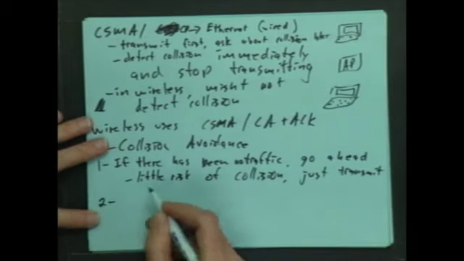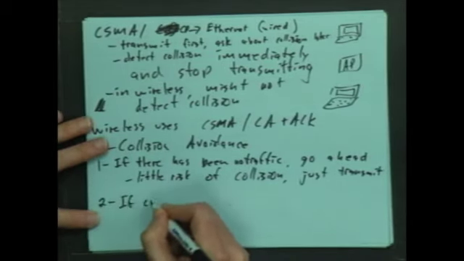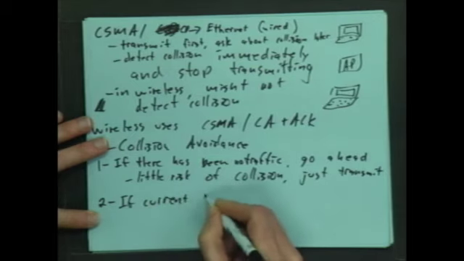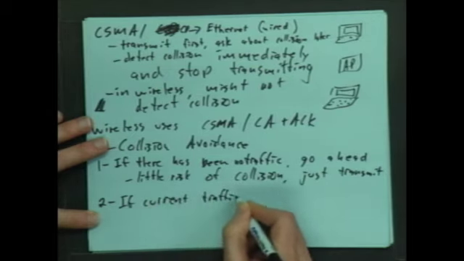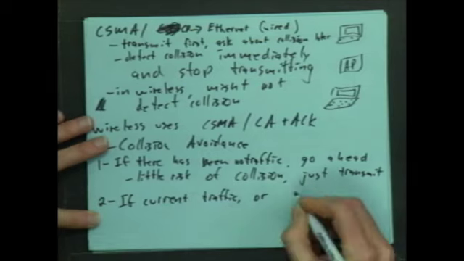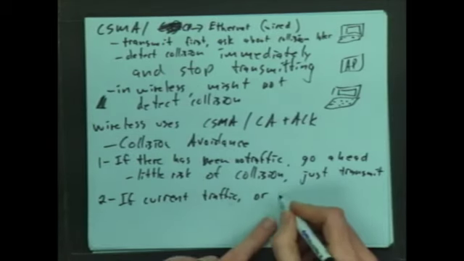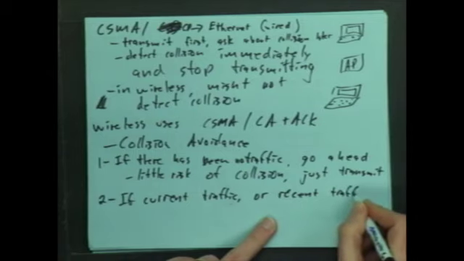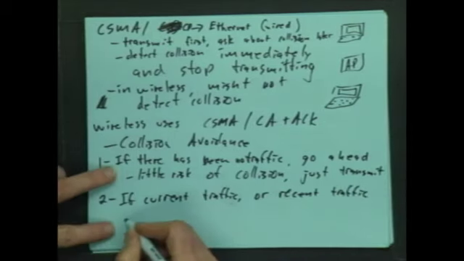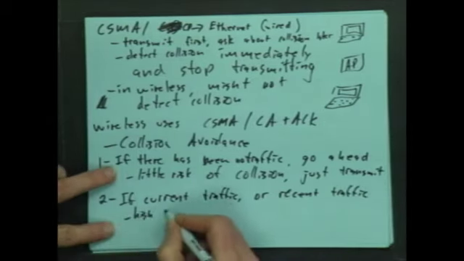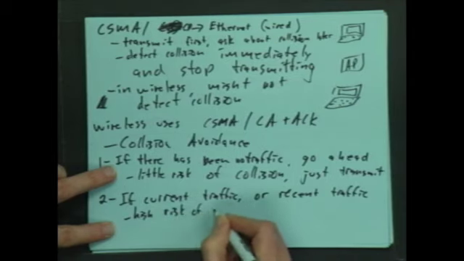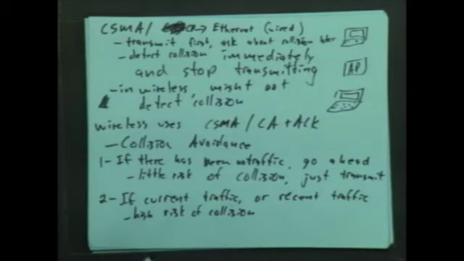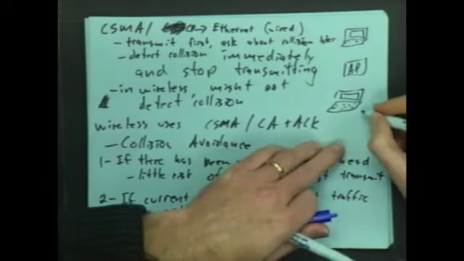And the second condition, if there is current traffic, or, we'll just say recent traffic, that means there is a high risk of a collision. So here we're going to imagine, let's say I'm here again and I want to transmit.